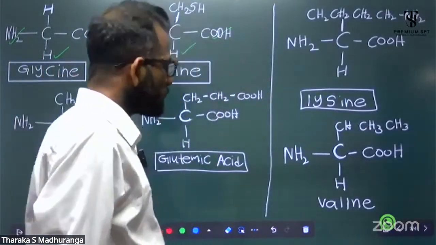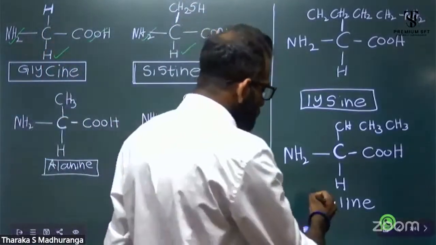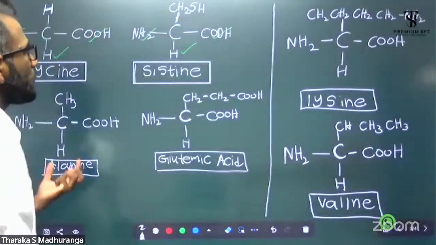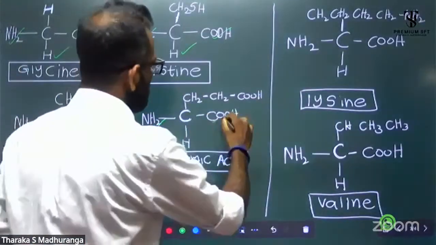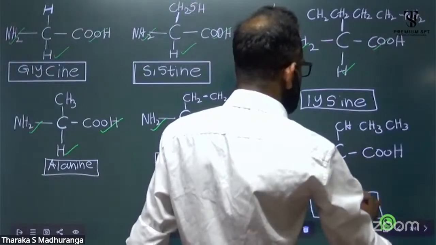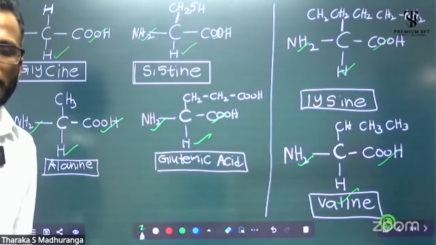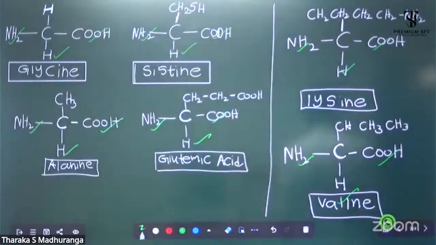Now you can understand that the carboxylic group, amine group, and hydrogen are common. Only the R carbon chain varies. Okay. Complete?